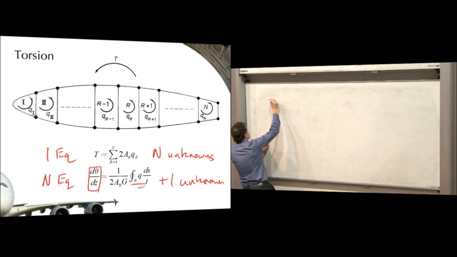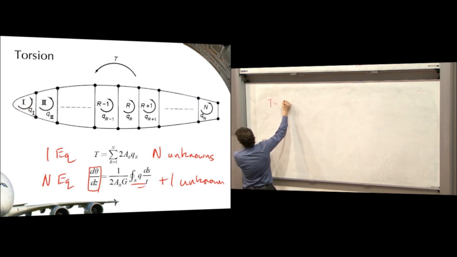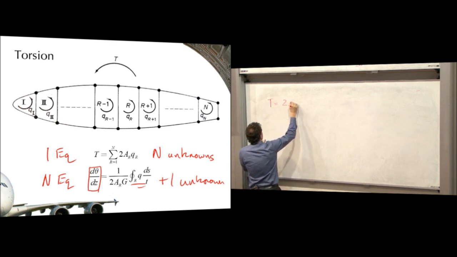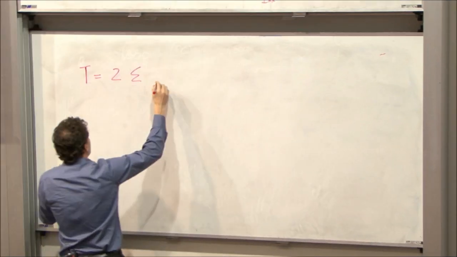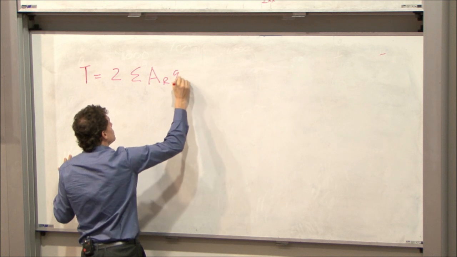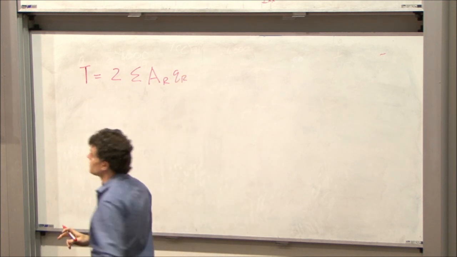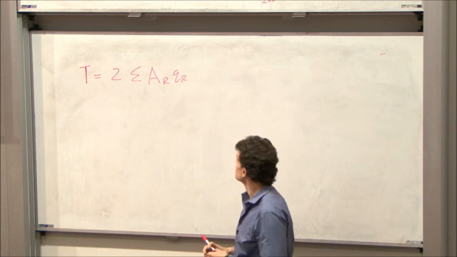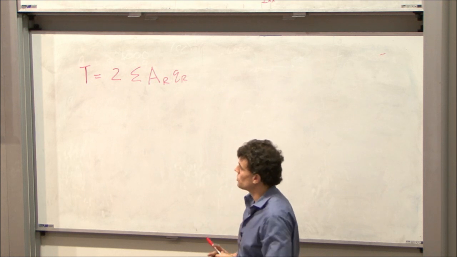So the external torque equals 2 times the sum of A_R Q_R. I've just taken the 2 out the front.